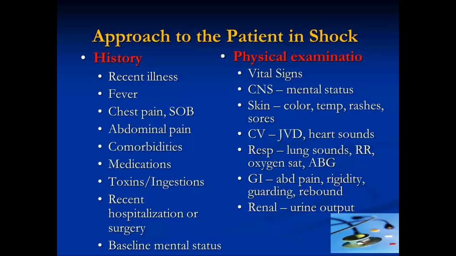Some of the hypoperfusion signs are about the CNS with altered mental status, the skin, the urine output that's decreased. Look at the cardiovascular status, JVD, heart, abdominal pain, rigidity, and the urine output, which can give you a clue about the decreased perfusion.